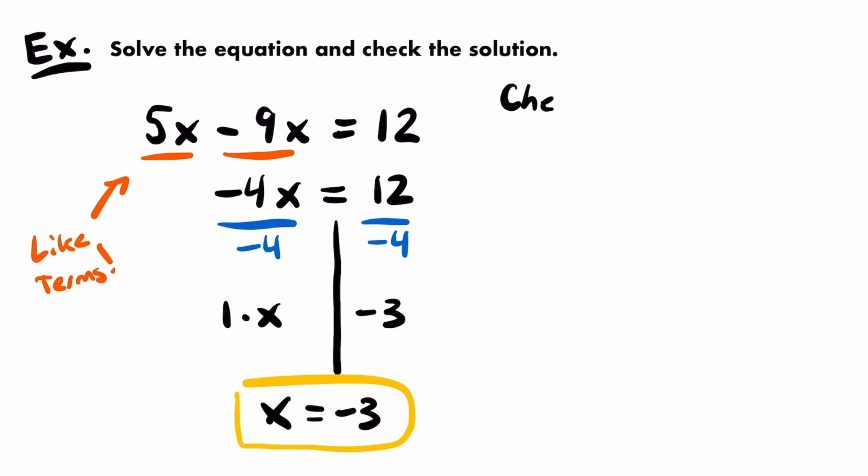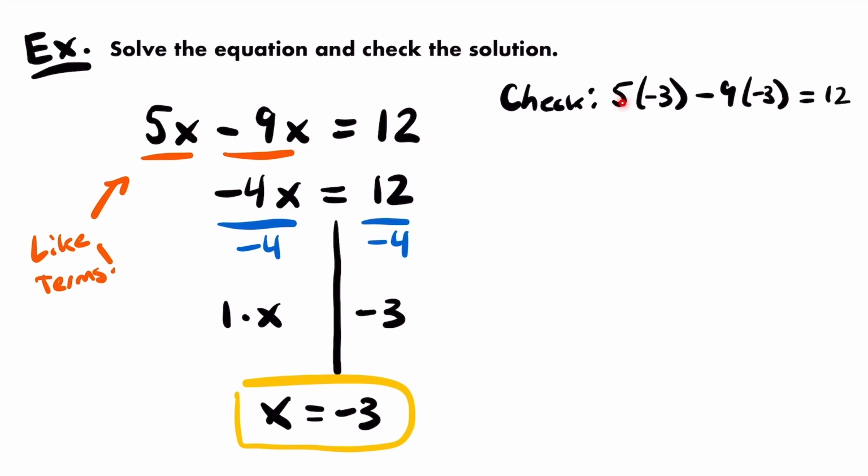So in our case, if we were to check our work here, we would have 5 multiplied by x, which we're saying is -3. So we have 5 times -3, and then we were subtracting 9 multiplied by x, which once again, we're saying is -3. And that should be equal to 12.